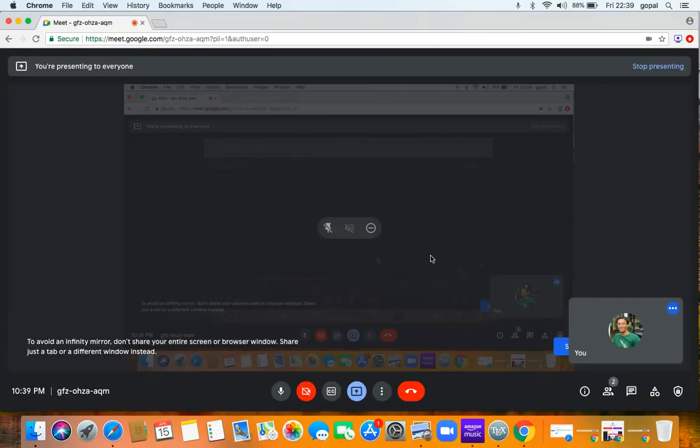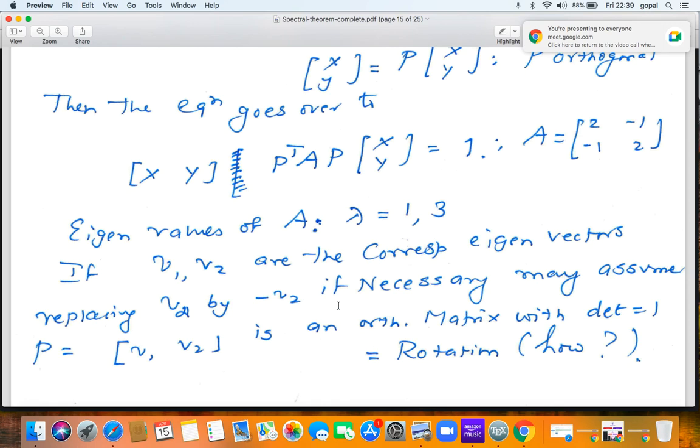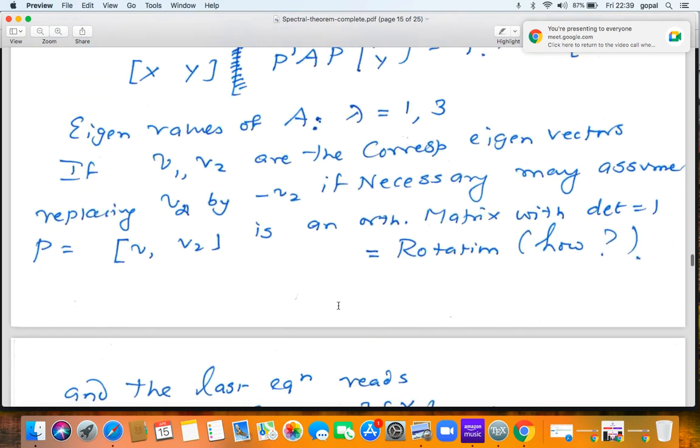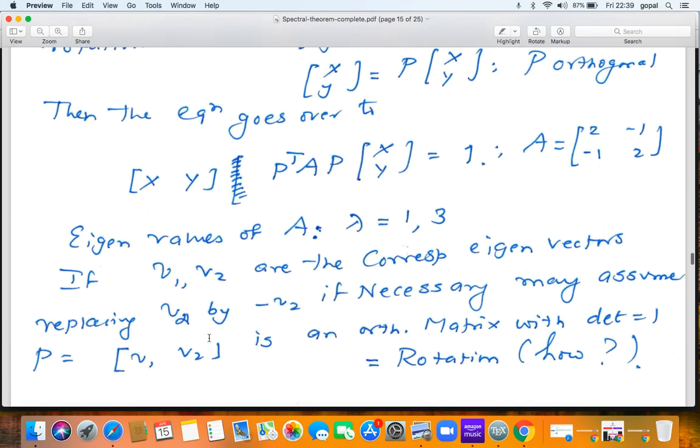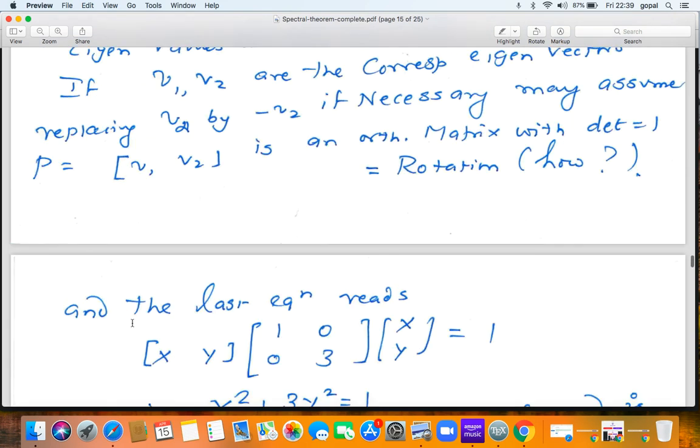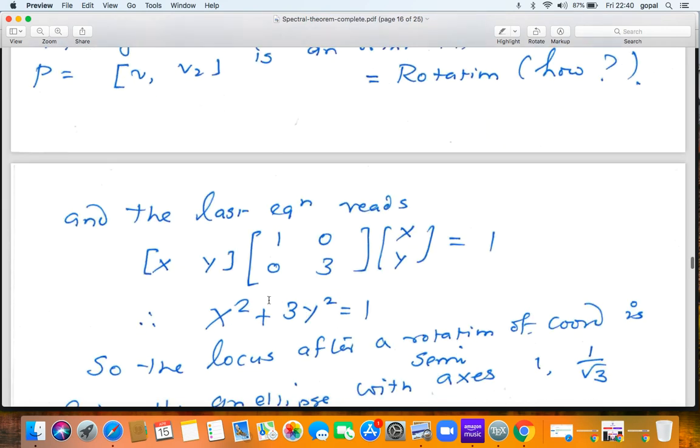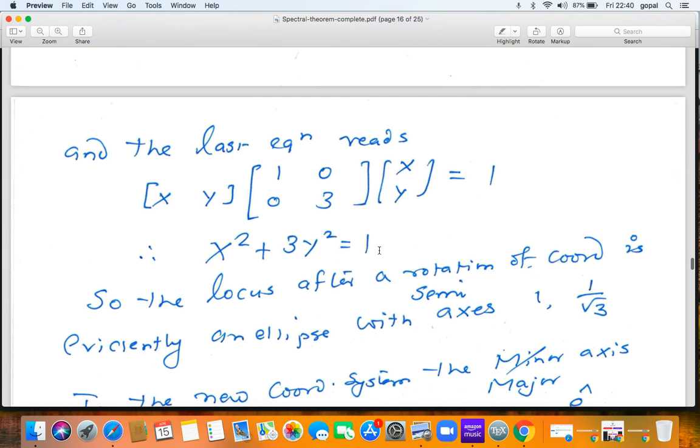Then if we choose P to be this particular orthogonal matrix, P transpose A P simply becomes the diagonal matrix with diagonal entries 1 and 3. So the transformed equation becomes (X, Y) diagonal(1, 3) (X, Y) equal to 1, or written out, capital X squared plus 3 times capital Y squared equal to 1.